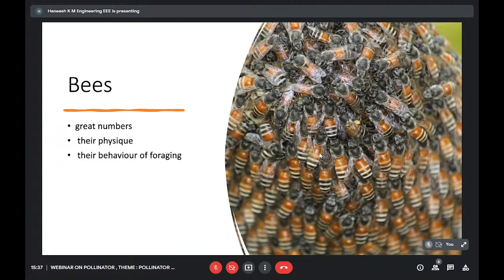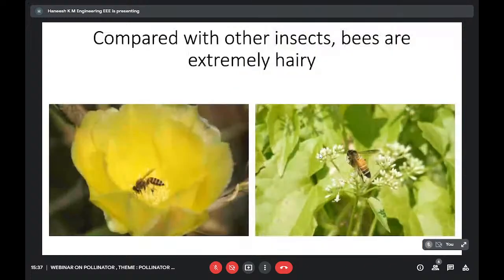They can fly large distances, and their body is hairy, so they can carry more pollen. And their foraging behavior: sometimes they fly large distances, sometimes they look only for a certain species of plants. So the bees are one of the most important pollinators.